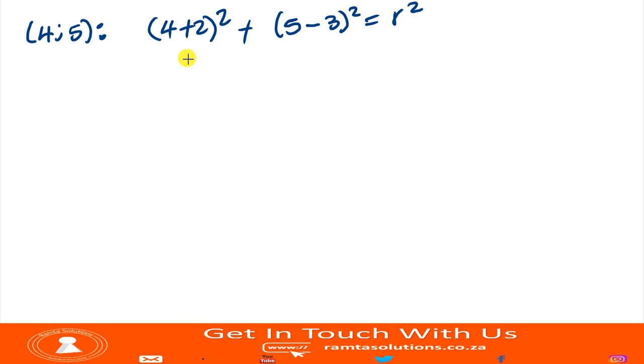What is this? 6 squared is 36. And 2 squared is 4. Therefore, r squared is 40.